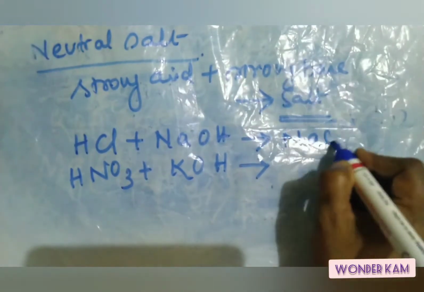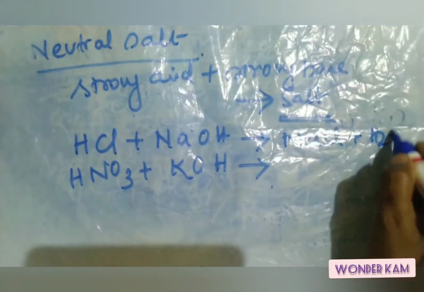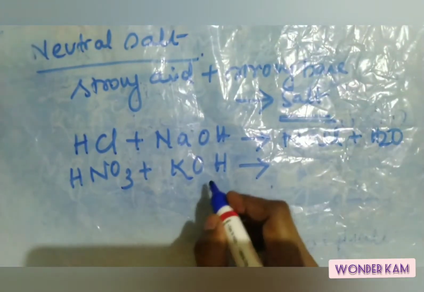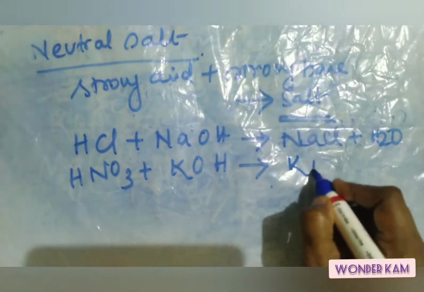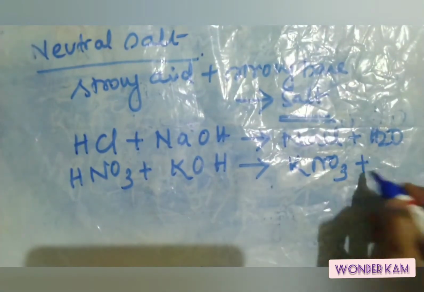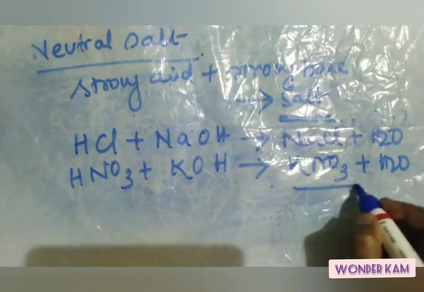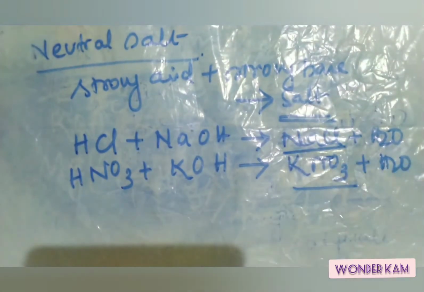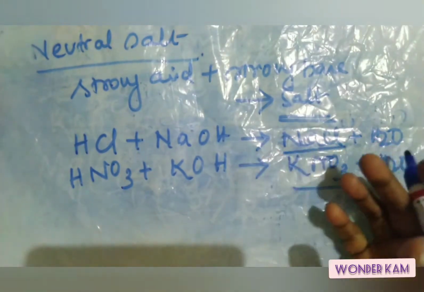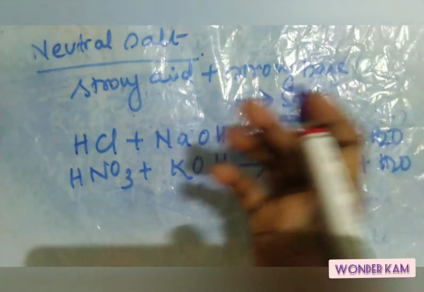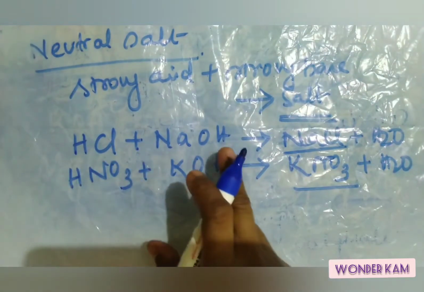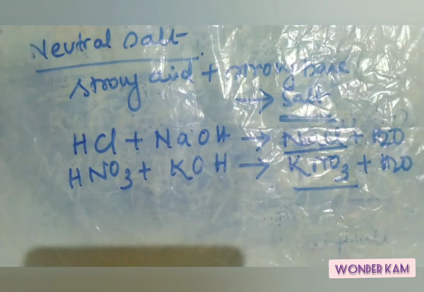Here sodium chloride is a neutral salt. Similarly, potassium nitrate is also a neutral salt, along with water. Potassium nitrate and sodium chloride are neutral salts because they are formed by the reaction of a strong acid and a strong base.